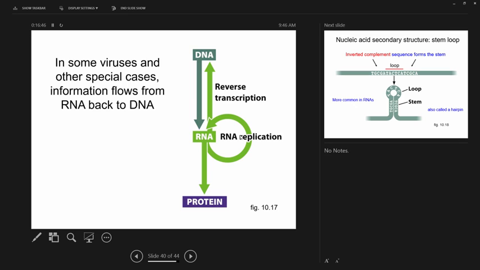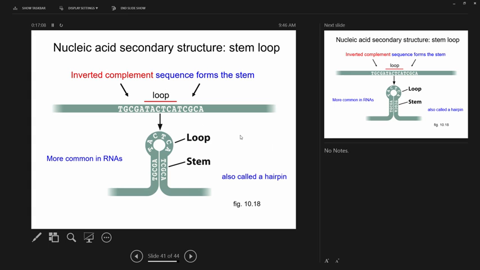But when you get a small amount of RNA, if you want to raise the alarm and spread the signal to other cells, you replicate this to make a whole bunch of RNA that looks like the RNA that came in. That way you will amplify the signal and make it more powerful. All right.